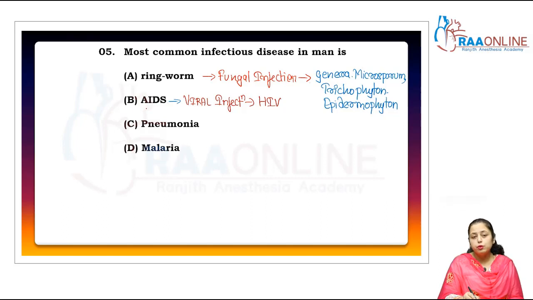It collapses the whole immune system, right? And its incubation period is very long, sometimes 10 years before some symptoms appear, approximately 10 to 20 years. So it's not so easy, right? But the easiest form of infection among them is ringworm, right?